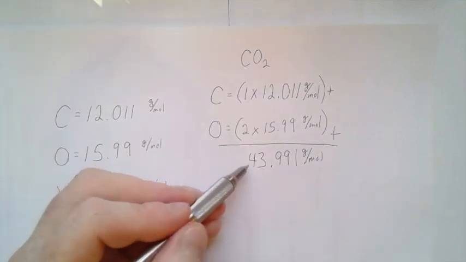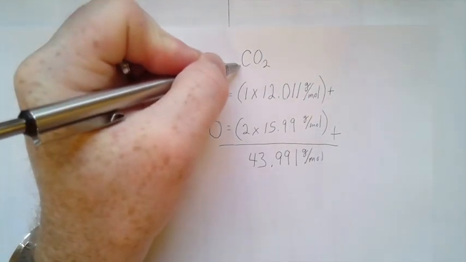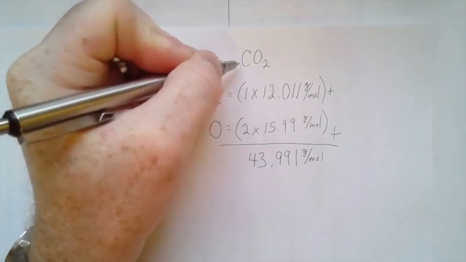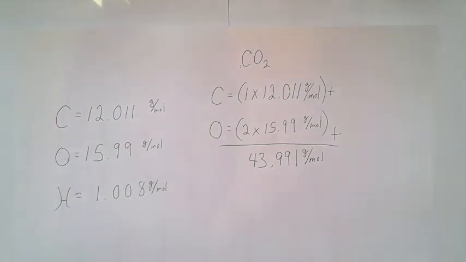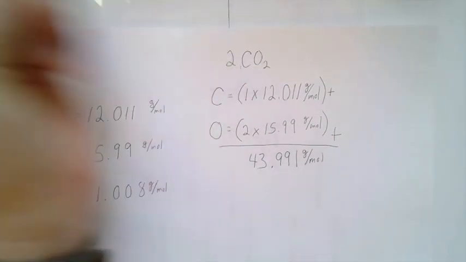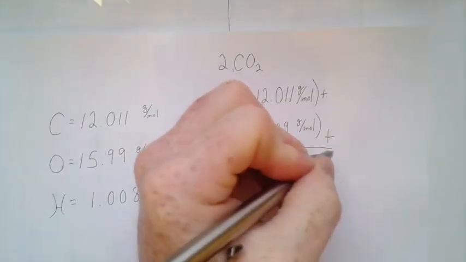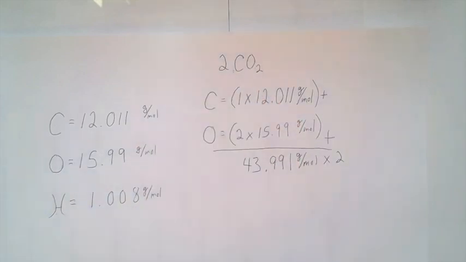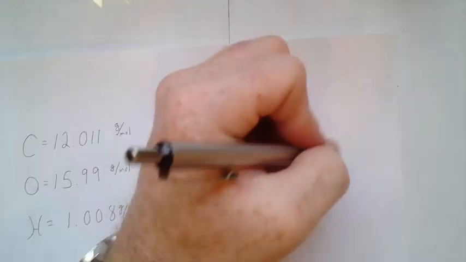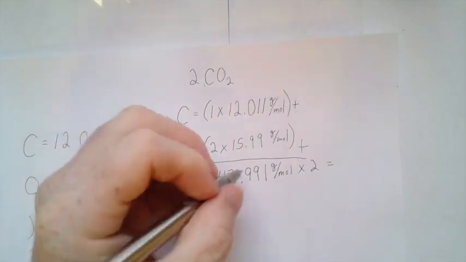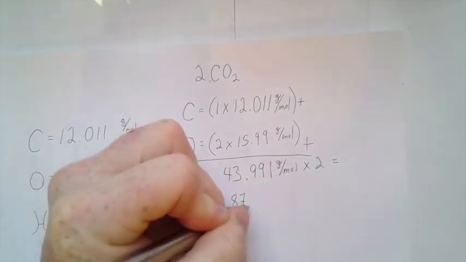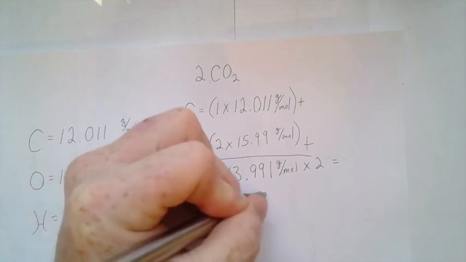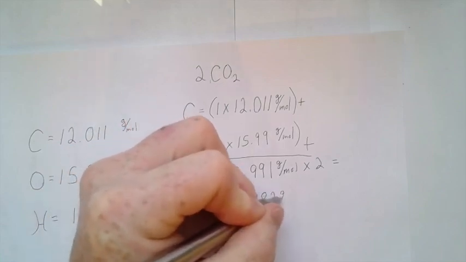Now remember, that's how many grams 1 mole of carbon dioxide weighs. But we did not have 1 mole of carbon dioxide. We had a coefficient of 2. So we're going to multiply this number by 2. And what you're going to get at the end of the day for your final answer for carbon dioxide is 87.982 grams.